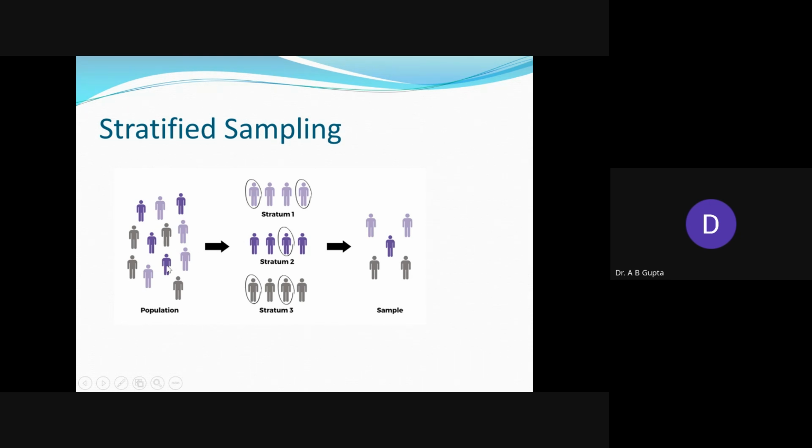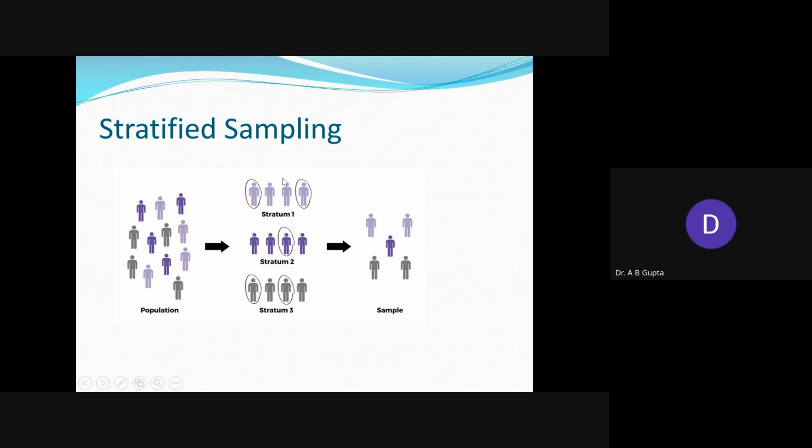If you want to use stratified sampling, you first make strata of students. Let us decide that we are making 3 strata. Stratum 1 is the first year students, stratum 2 is the students studying in the second year, and stratum 3 is the students studying in the final year.